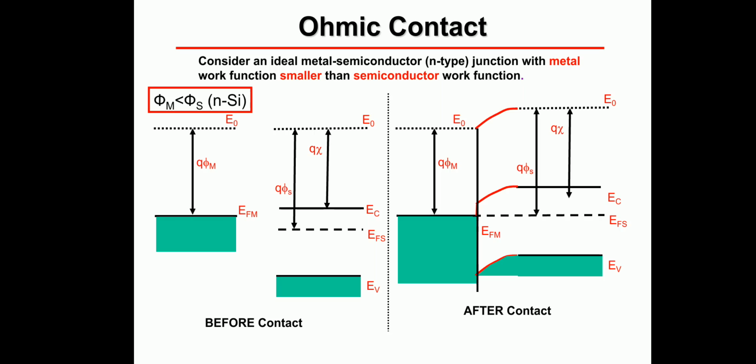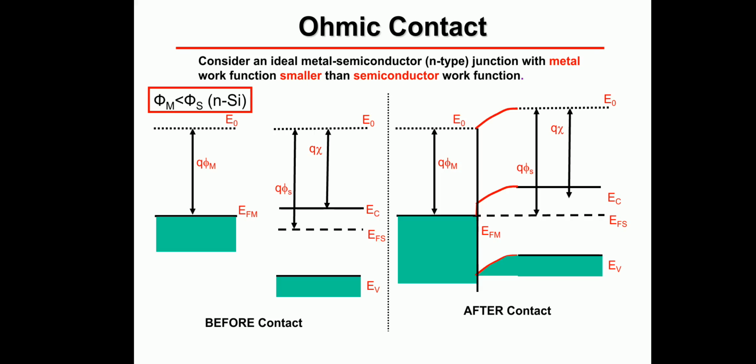We can see in figure B, after contact, the Fermi levels of metal and semiconductor are at the same level. That's called the Fermi levels aligning at equilibrium. This happens by transferring electrons from metal to semiconductor. That raises the semiconductor's electron energies relative to the metal at equilibrium.